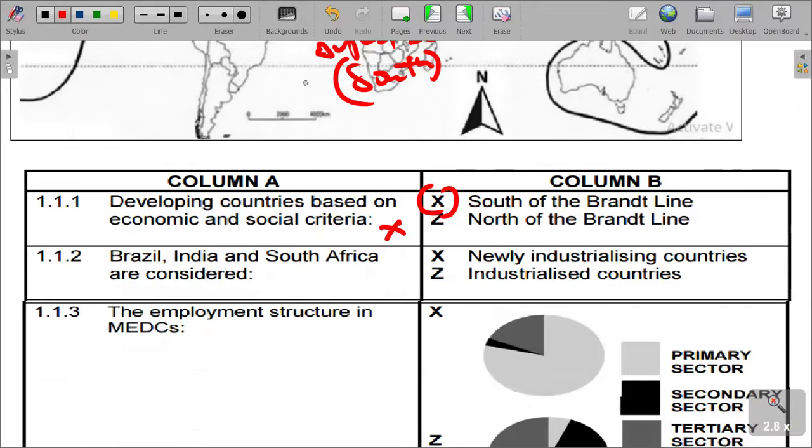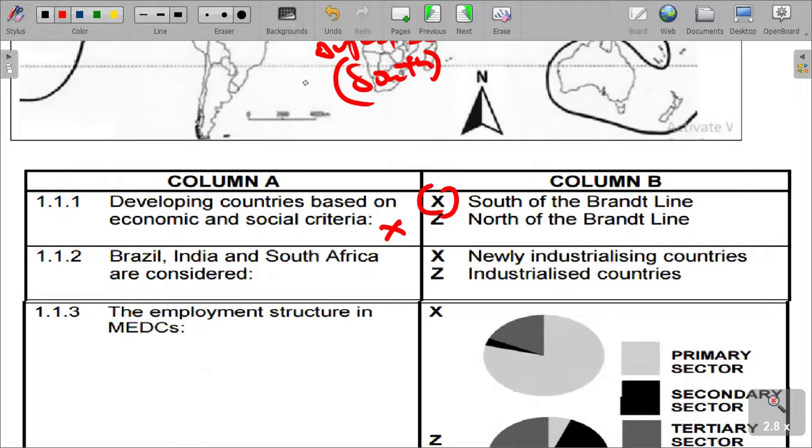And then Brazil, India, and South Africa are considered. If we consider Brazil, India, and South Africa, how are they classified with regards to this classification of development? These countries are classified as newly industrializing countries.